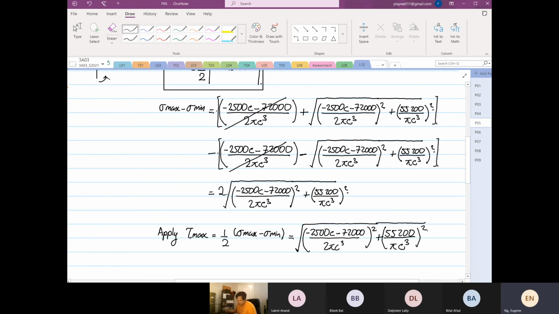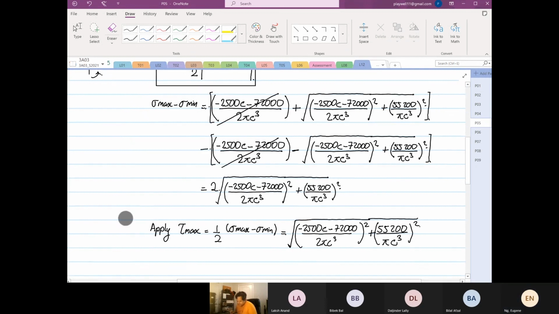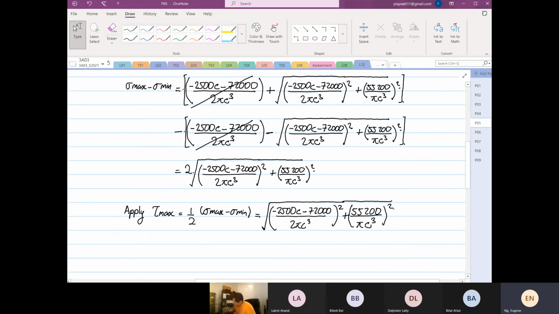This entire equation must be equal to tau max, which is equal to 50 times 10 to the power 3. So we're going to solve this equation.